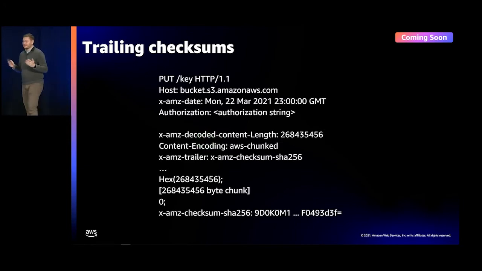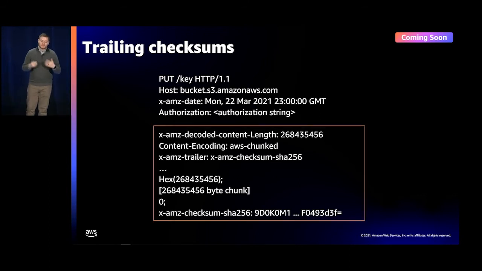And since it's not a re:Invent presentation unless it has XML or REST in it, here's what it looks like in the actual S3 API. We're using the AWS chunked content encoding scheme to enable us to send additional contents after your object data in the HTTP request, in what's called the request trailer.